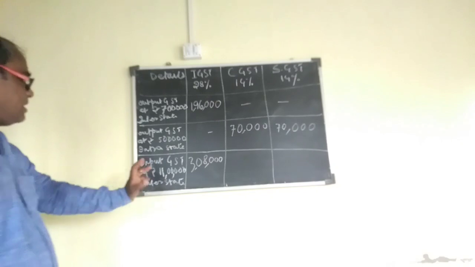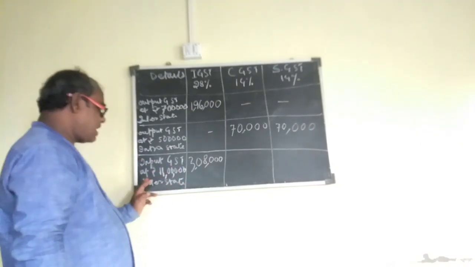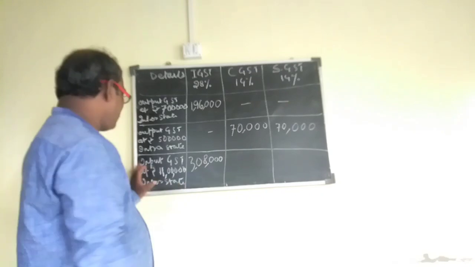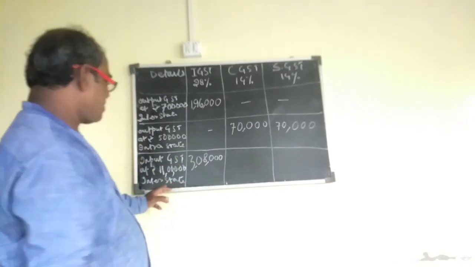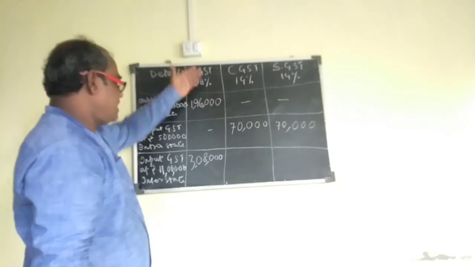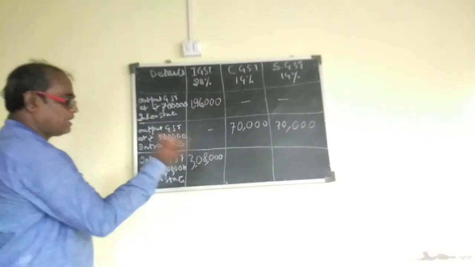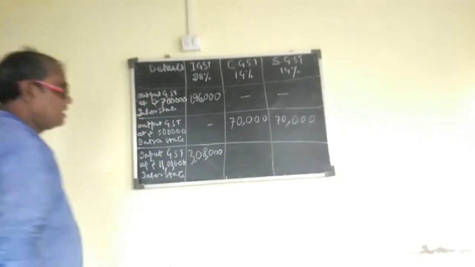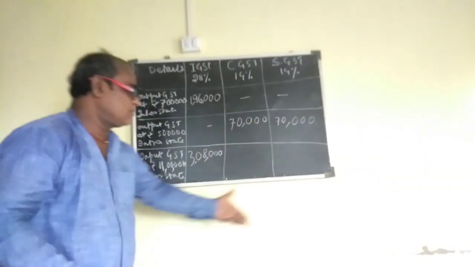Next, we have also calculated input GST at rupees 11 lakhs interstate. It was interstate, so it goes under the column of IGST, and on calculation we already got 3,08,000. The other 2 columns will be here.